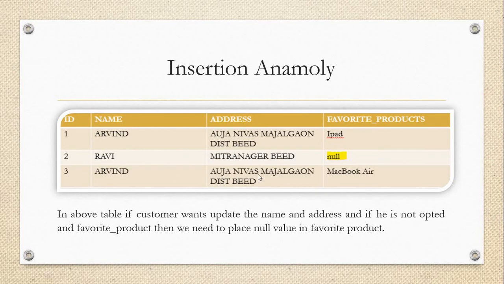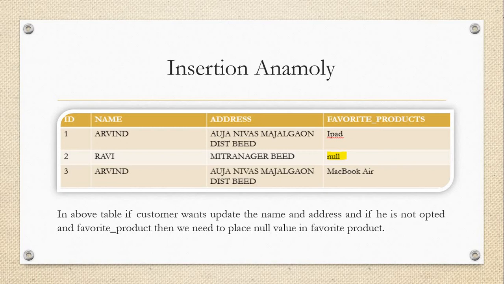In the table, if a customer or user wants to add the name and address, and has not opted for any favorite product, what does it mean? We have a table with a name attribute, an address attribute, and a favorite product attribute. In that case, we need to list out your favorite product.